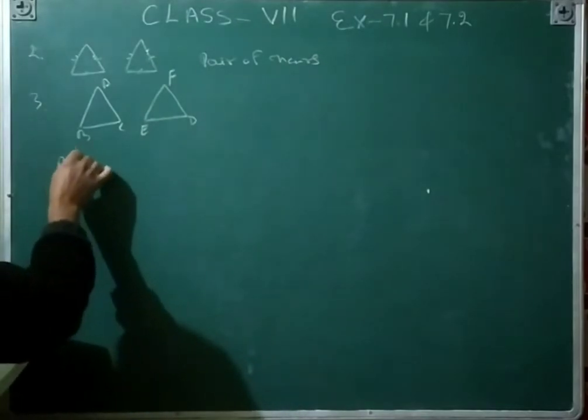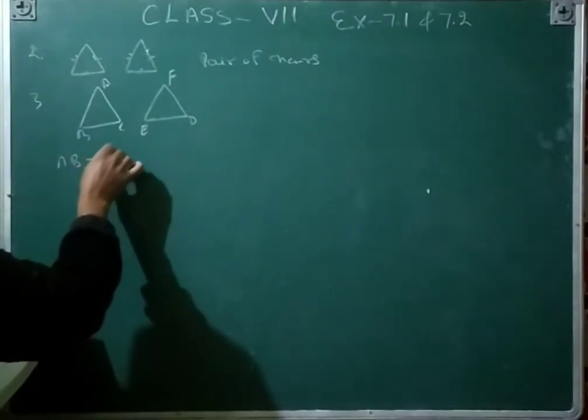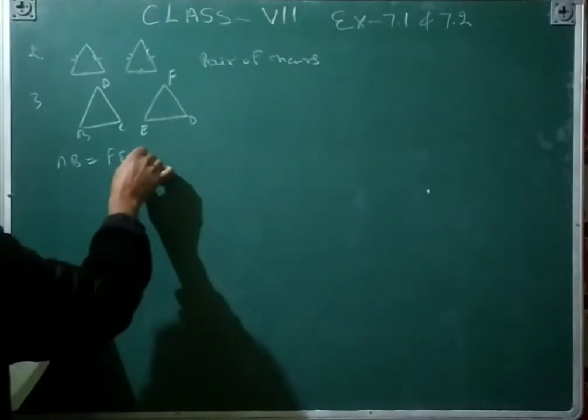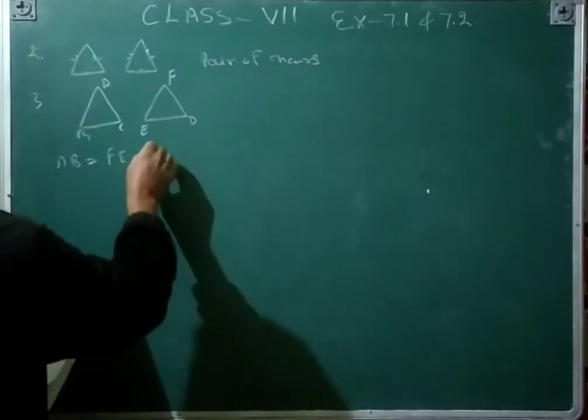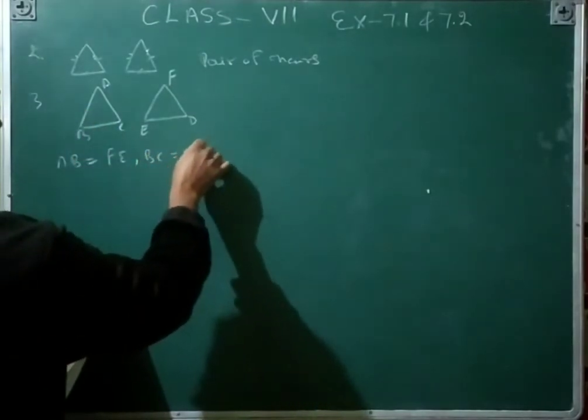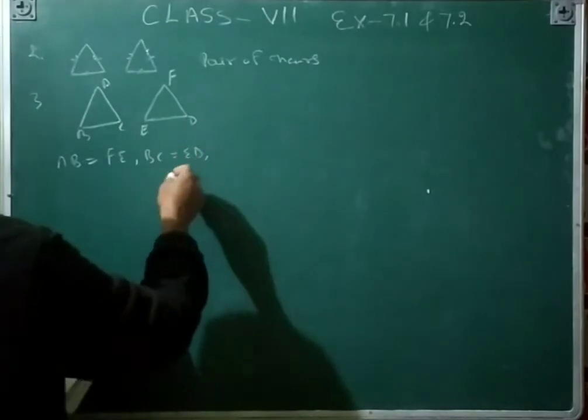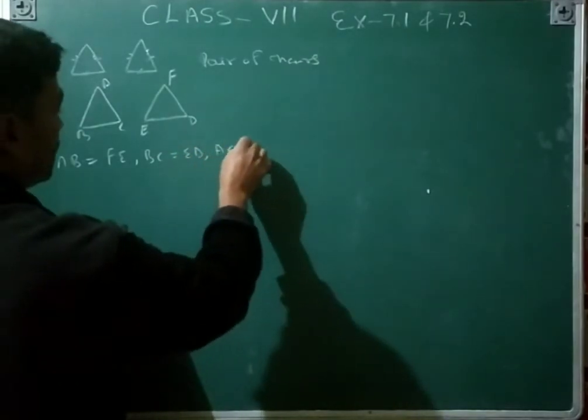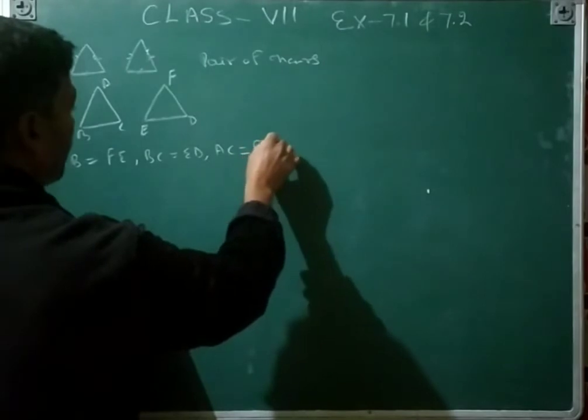So AB is equal to FE. Second, BC is equal to ED. Third, AC is equal to FD.